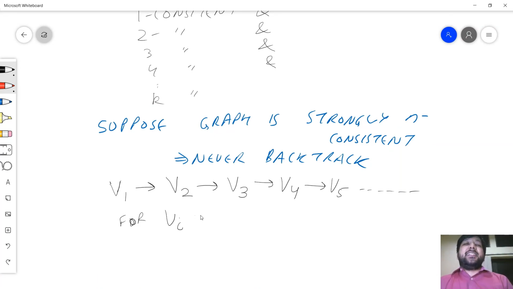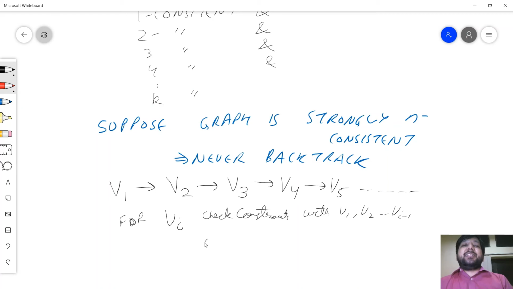So for vi, you will have to check constraints with V1, V2, all the way up to Vi minus 1. So you'll assign a value to Vi such that it is consistent with V1, V2, all the way up to Vi minus 1. Strongly i consistent means one value is possible, but that still needs to be found out. In the worst case, it will have constraints with all of them, and all of them need to be checked.